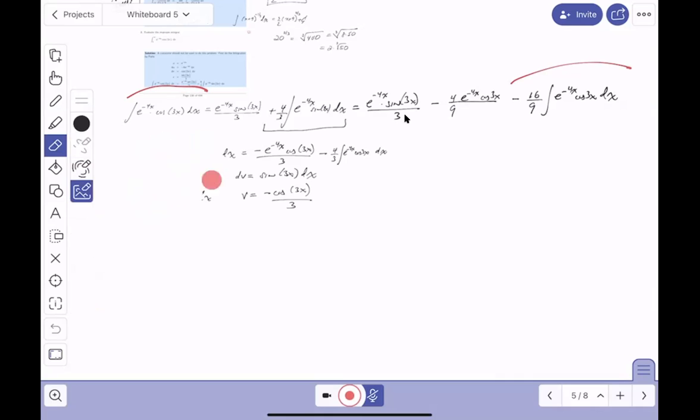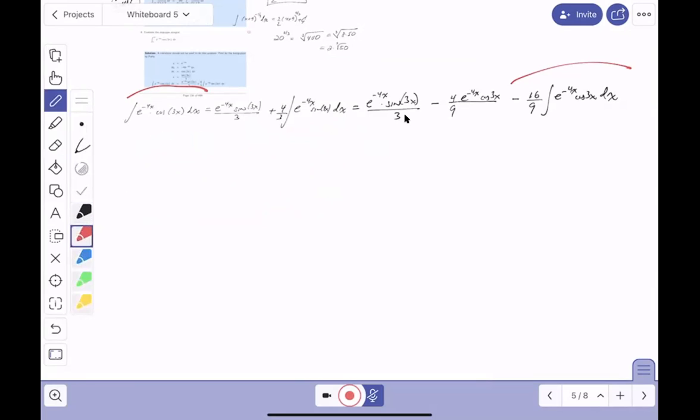Erase this business over here. By the way, the problem with erasing is if I erase something, I have no idea what my errors are. All right. So if I did that, what would I get? Well, it would be 25/9, right? e to the minus 4x cosine 3x dx.